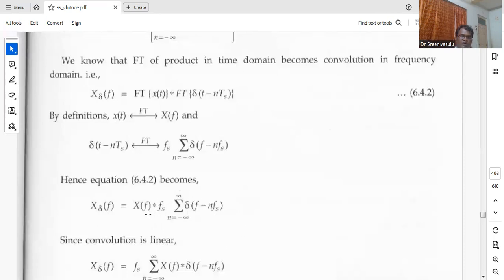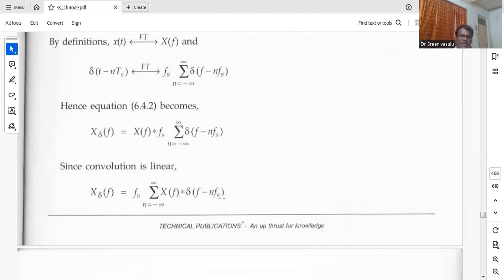It is going to be convolved with the spectrum of the original signal. And if we perform the convolution operation, according to impulse properties, it changes into x of f minus nfs. Wherever we have a sample, at that point we are going to get a spectrum. So that is the meaning.